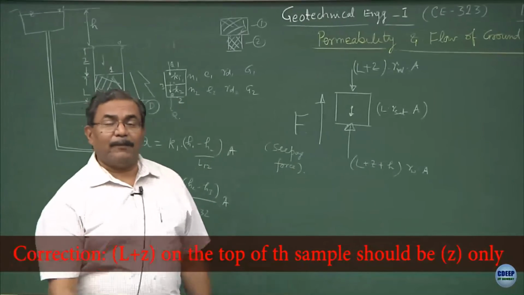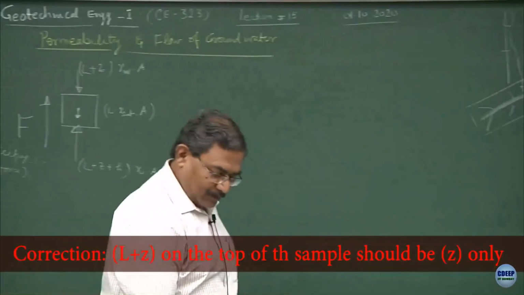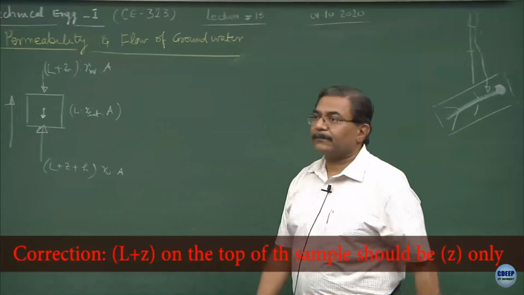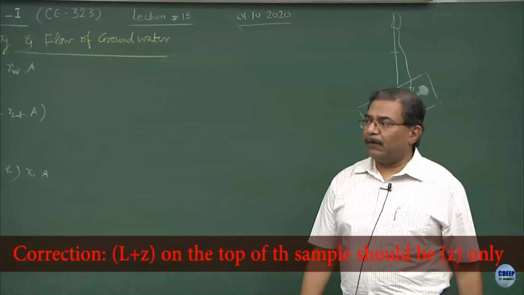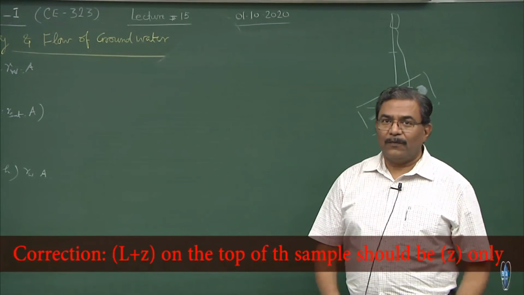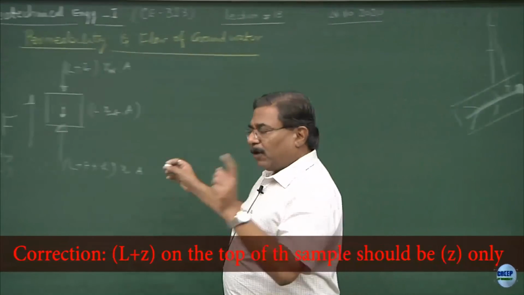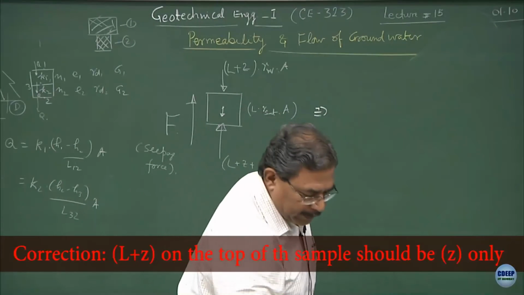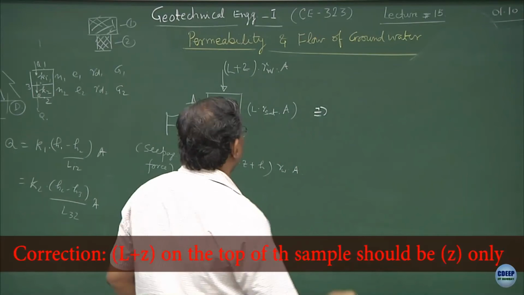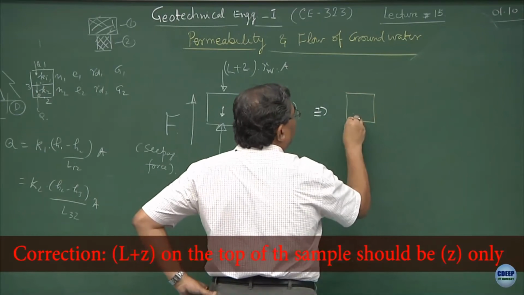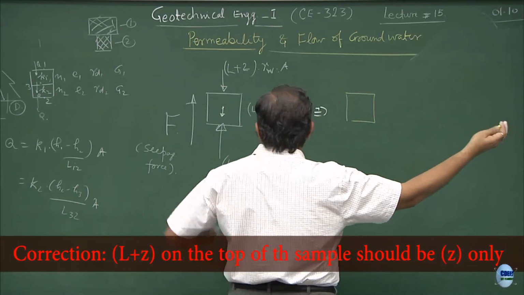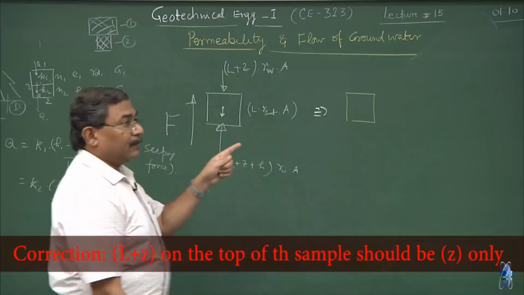That video clipping was regarding what? Quicksand. So we are going to create a quicksand condition. How? A little bit more understanding for all of you: let us put it in components. Let us filter out the seepage force in the form of hydraulic gradient.